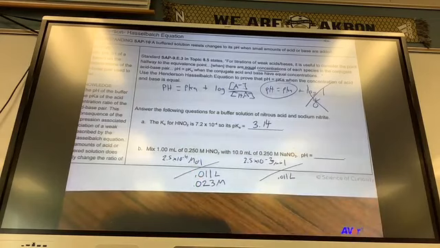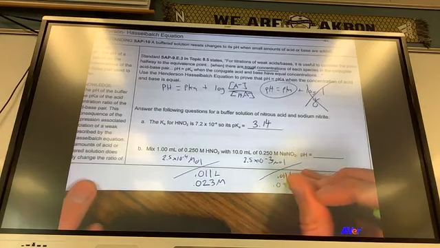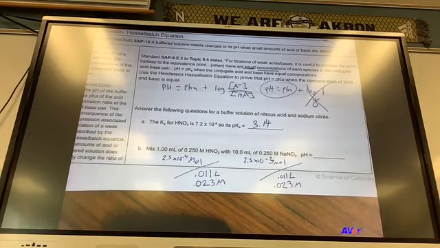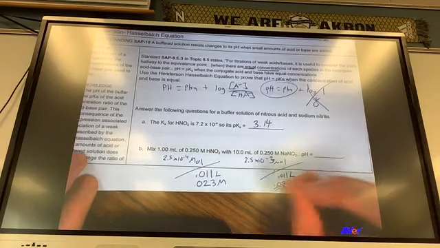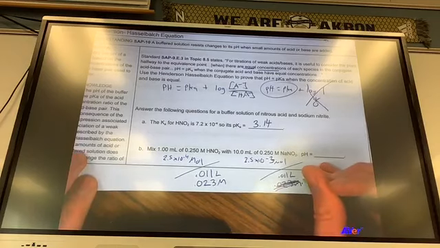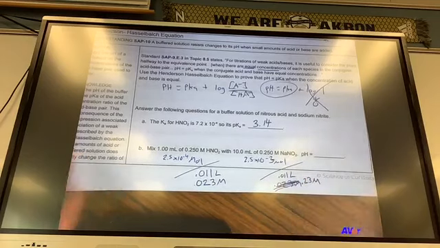And then 0.0025 divided by 0.011 gives me 0.02, oh geez. Wait, how did I get the same thing there? Negative 4 and negative 3. Is one of these wrong? Maybe it should just be 0.24. Those should not be the same. 0.23 molar. That looks better. Thank you.